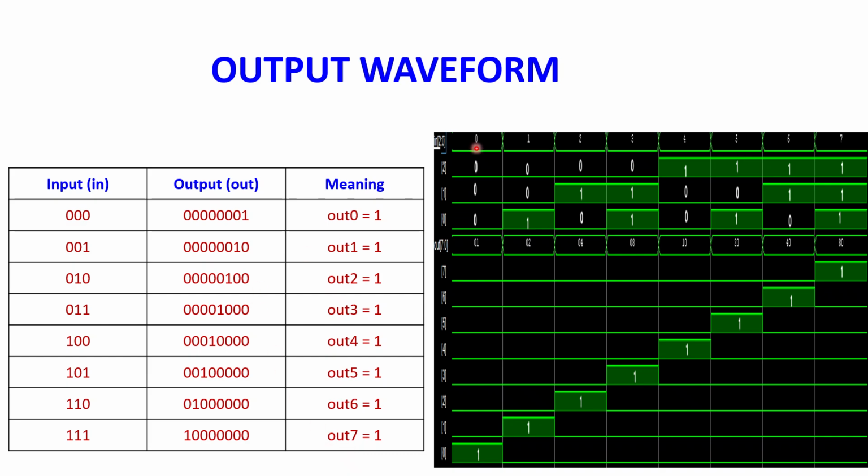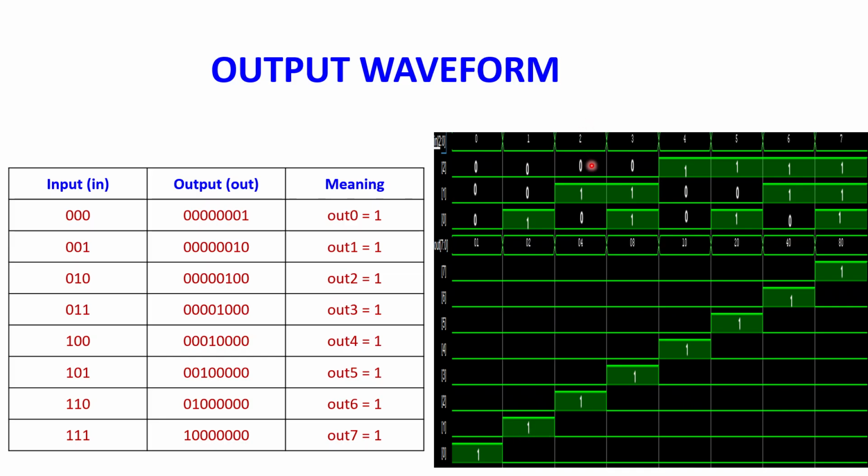Look at this. These are all the input conditions and these are all the outputs. The 3-bit input, that is when the input is 000. See, when the input is 000, output 0 is active. Look at the output. Output 0 is active. When the input is 001, output 1 is active.